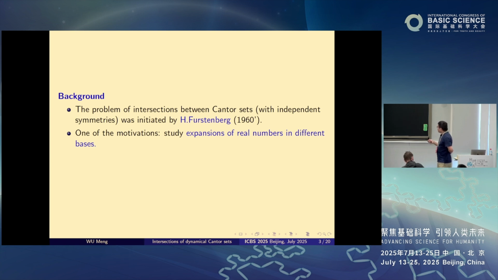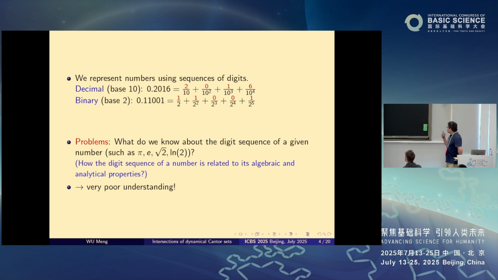Since this expansion of numbers in different bases is, I think, more accessible, I will start with the orbit conjecture. In our daily life, we use decimal to expand numbers, and in computer science, we use binary.